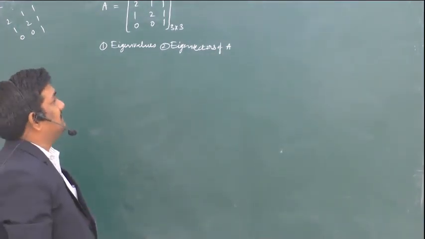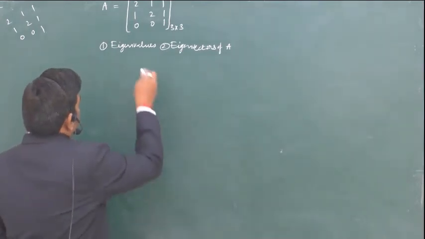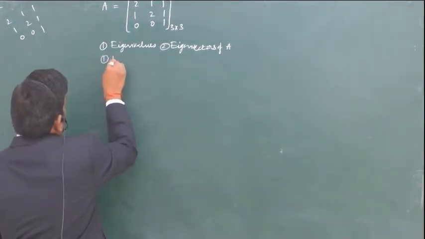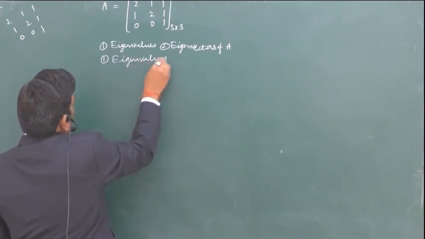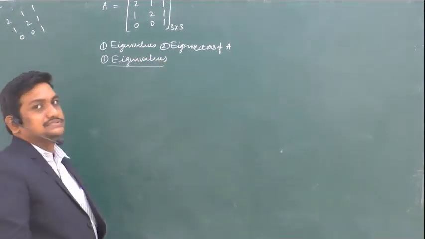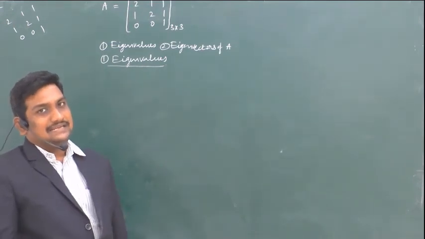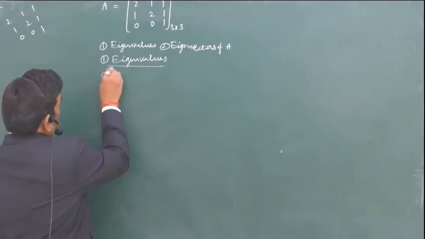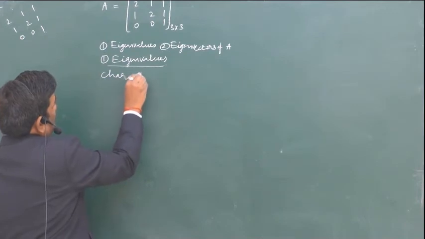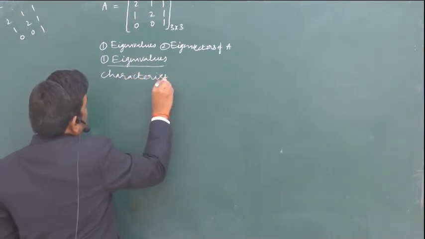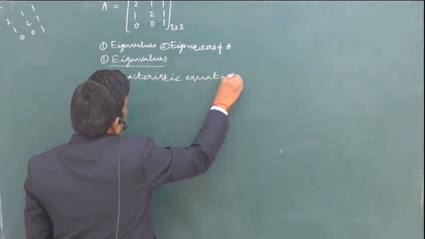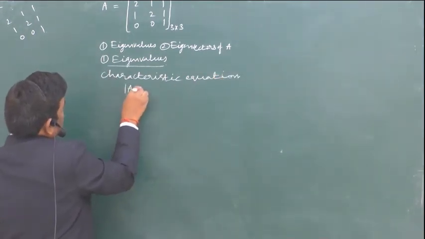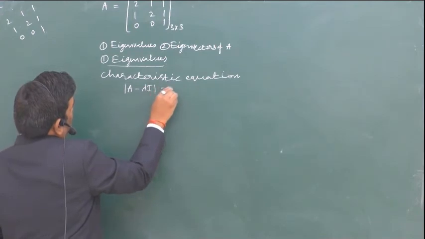Okay, now let us start with eigenvalues. For eigenvalues, you need to start with the characteristic equation. The characteristic equation formula is determinant of A minus lambda I equals 0.